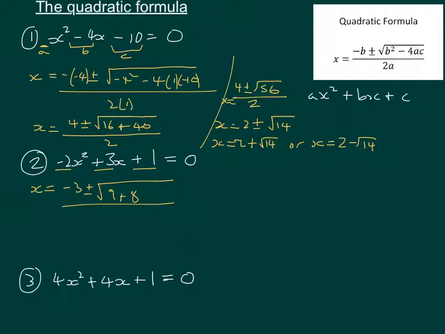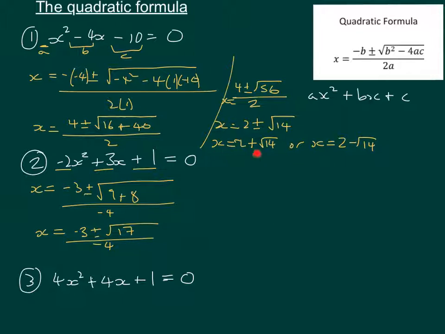So that's our formula there. If I just tidy it up a little bit, we'll have x equals -3 plus or minus square root of 17 over minus 4. And then obviously we'll take both roots, we'll do minus 3 plus root 17 and minus 3 minus root 17, divide them by minus 4, and we'll get our two solutions.